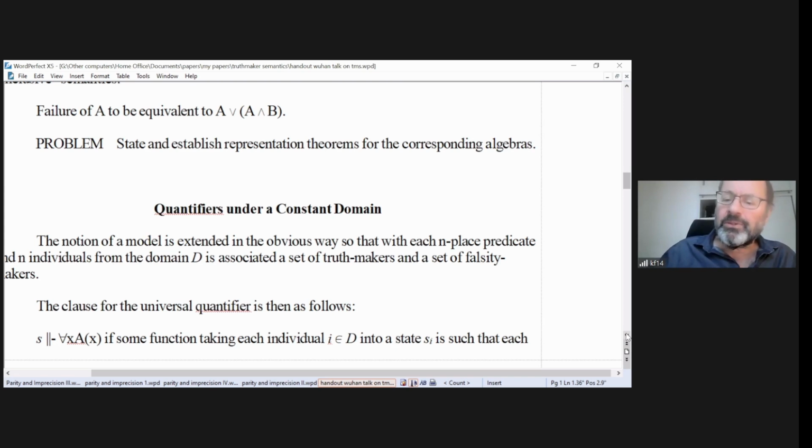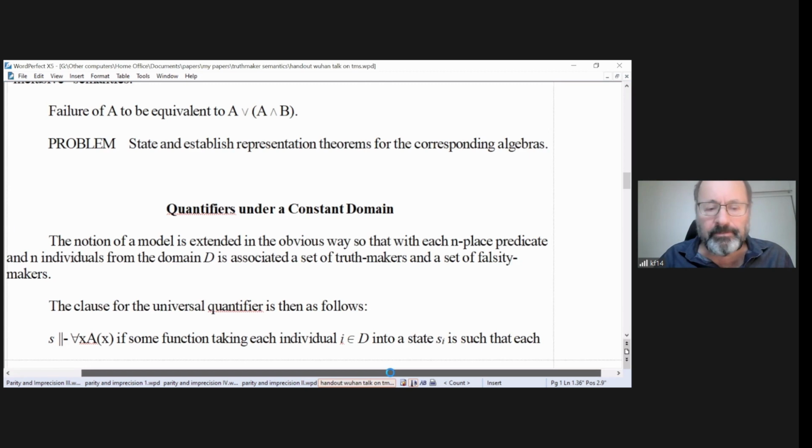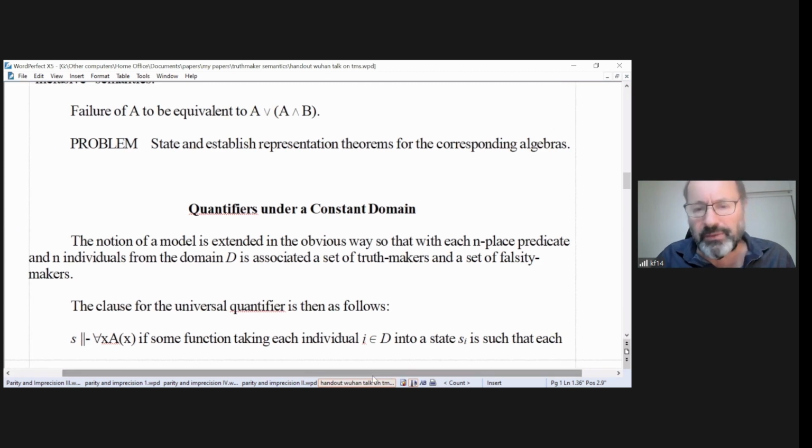Okay, so there are two kinds of semantics we might have in mind. One is when we have a constant domain. That is, we're thinking that we have a fixed or rigid body of objects that in some sense cannot change. So the only objects that can be relevant to the truth of a quantified statement are that particular fixed set of objects.